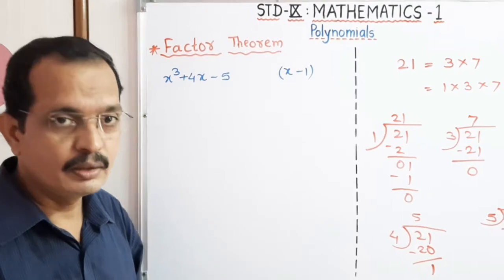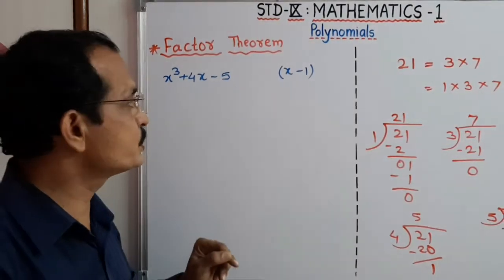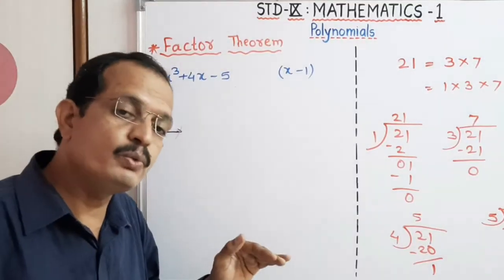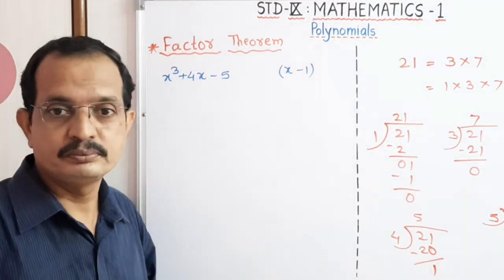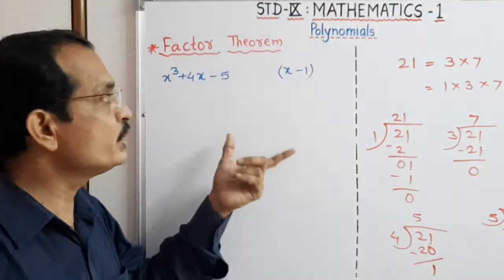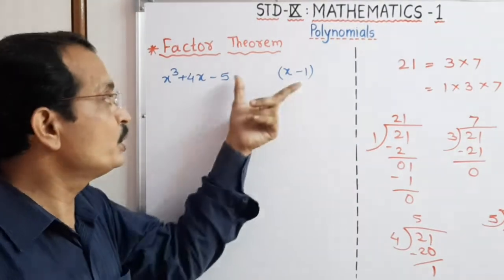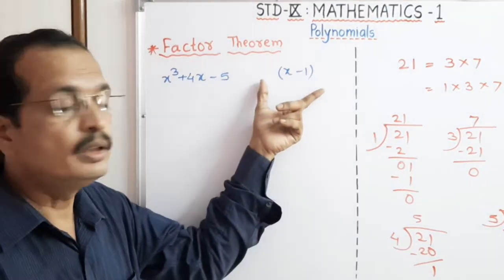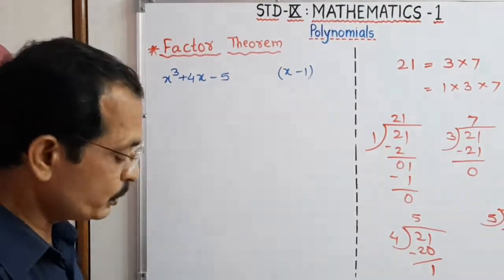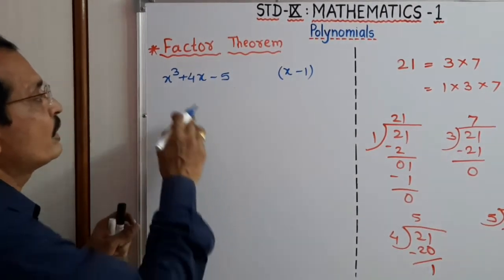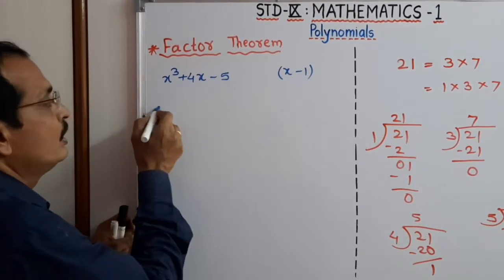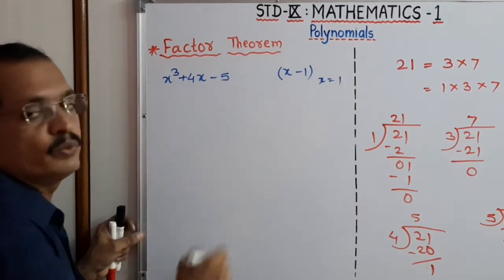Got it? Just now we learned, dear student, that without doing division, we can find out the remainder. There is no need to do the division to find out the remainder. What we have to do? Just we have to find out the value of this polynomial for x is equal to 1.